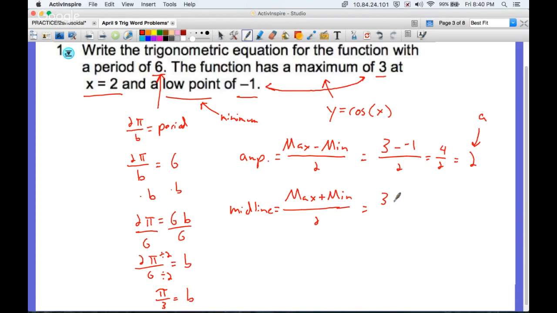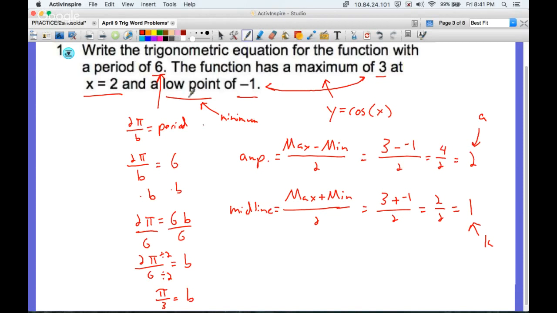We add our minimum of -1 divided by 2. We'll get 2 over 2. This equals 1. So this is our k value. This makes a lot of sense to me. If I shift my midline up to 1 and then have an amplitude of 2 on top of that, my maximum will be 3. And if I have an amplitude of 2 below that, well, 1 minus 2 brings us down to -1.